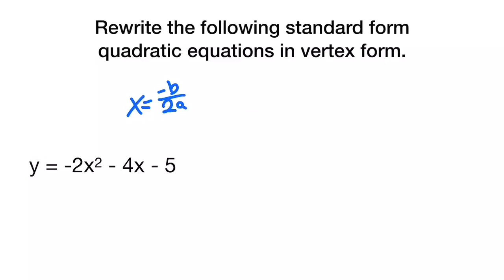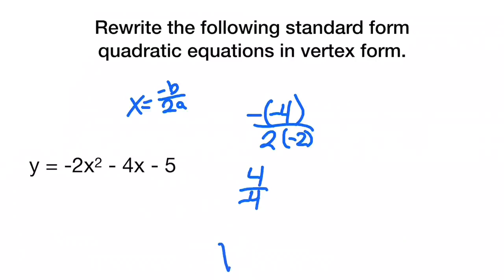So that means negative of -4 over 2 times -2. So that means 4 over -4, which means our vertex is going to start off with x being -1.